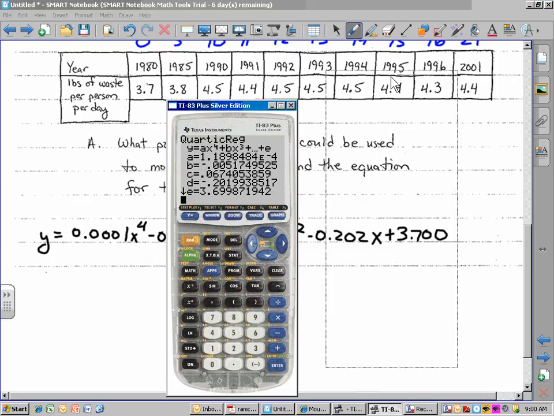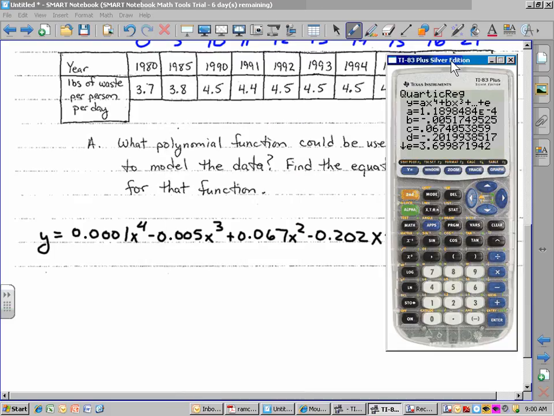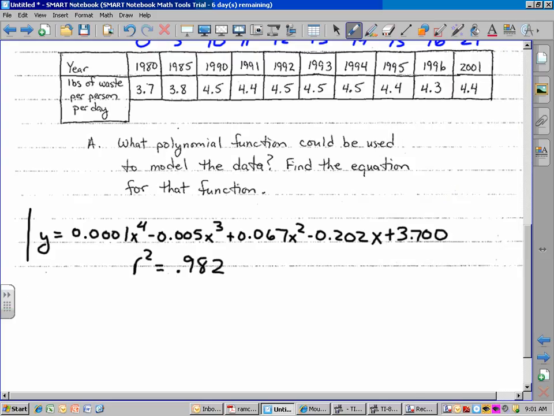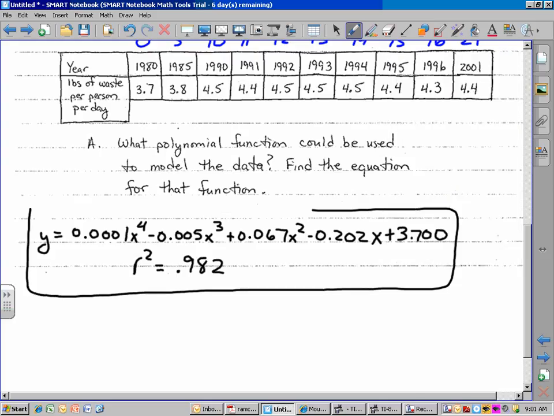And the r squared value, again, if we scroll down, r squared equals 0.982, which is a very good number, 98.2%. Okay, so this is what we feel would best fit that.